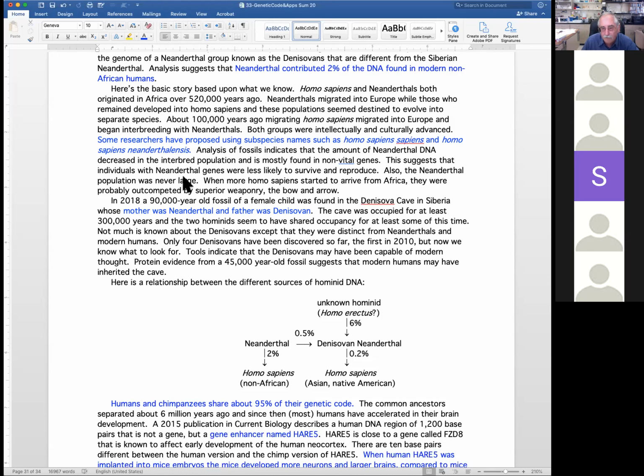They were spread out through the environment. When a few of the first African-based Homo sapiens started to come, they started to interact. But when more Homo sapiens started to come, they probably started killing them off. Humans are really good at that, aren't they? One of their favorite things.